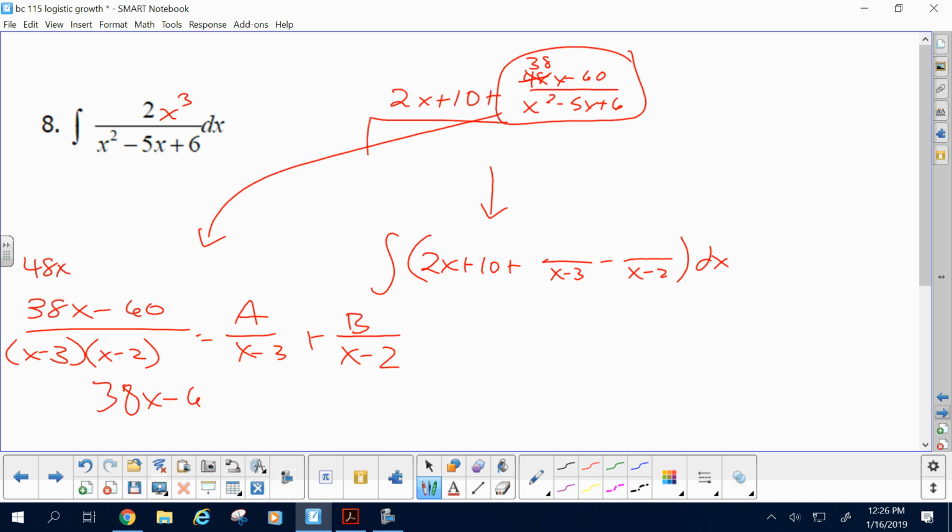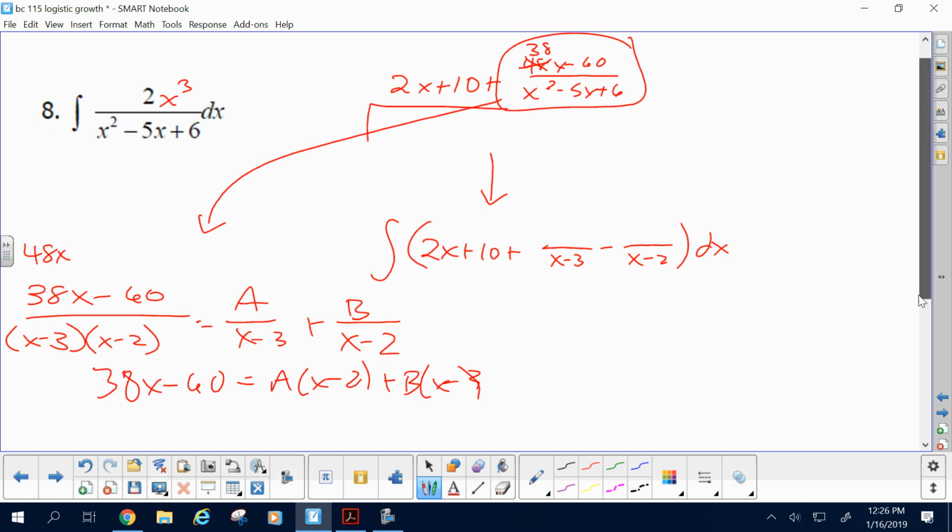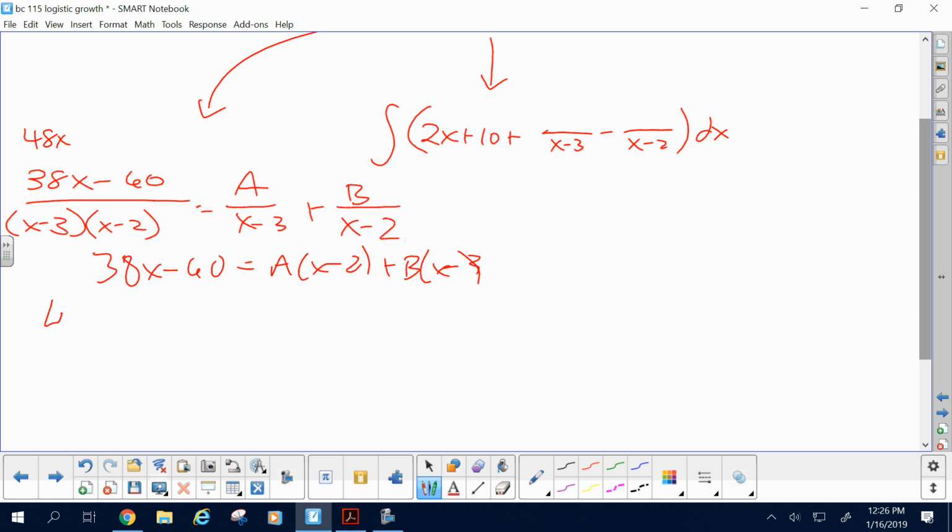38x minus 60 equals a times x minus 2 plus b times x minus 3. If we let x equal 2, then 76 minus 60 is 16 equals b times negative 1. So b is negative 16. Why does everybody tell me I'm wrong?